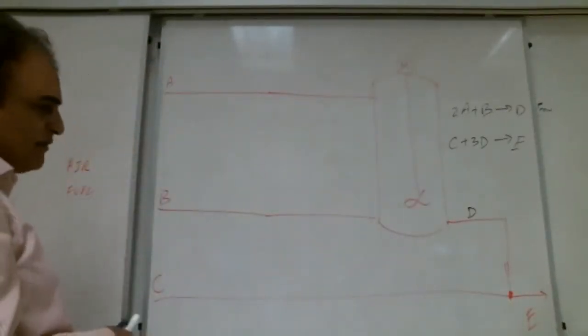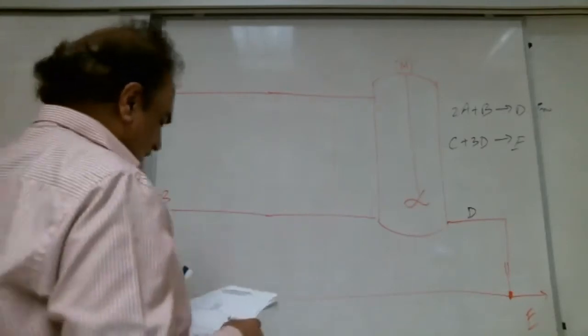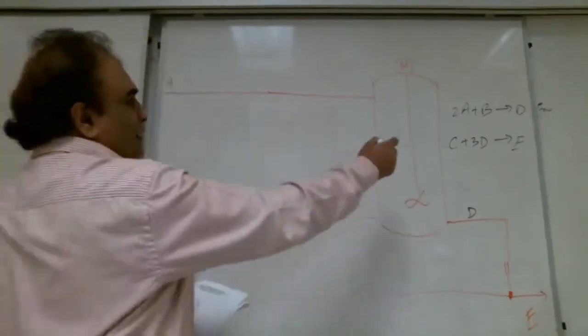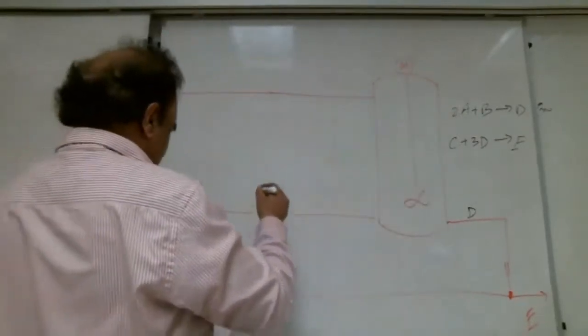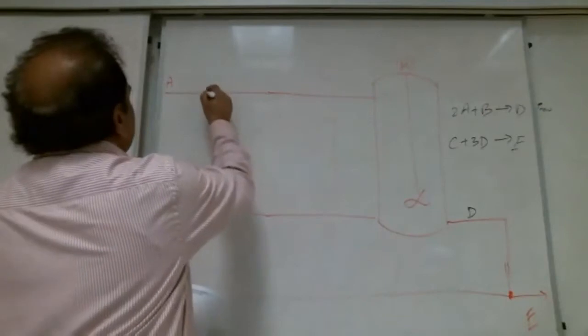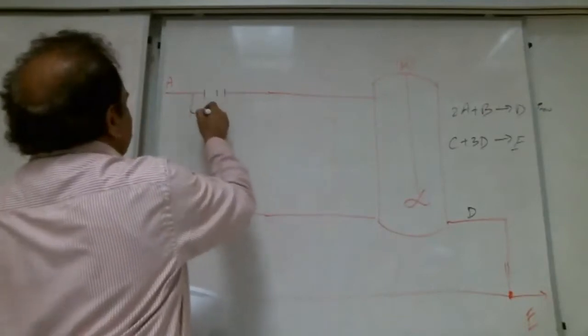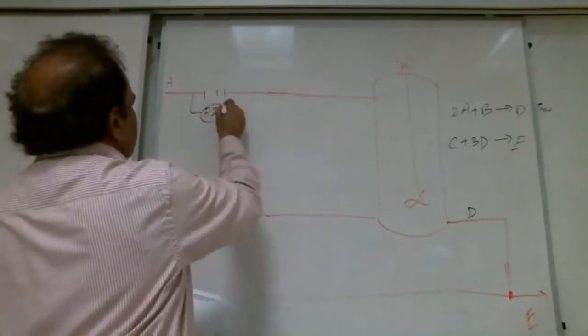So again, this is our choice. We assume this is the ratio controller here. So we want to put the ratio controller here. What do we do? First of all, obviously we need the transmitter. Flow indicator transmitter is here.